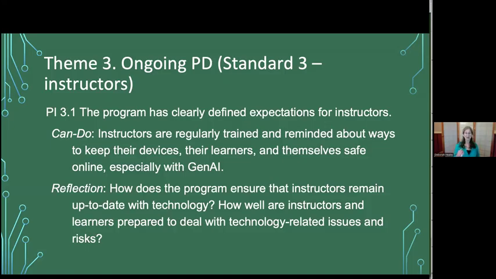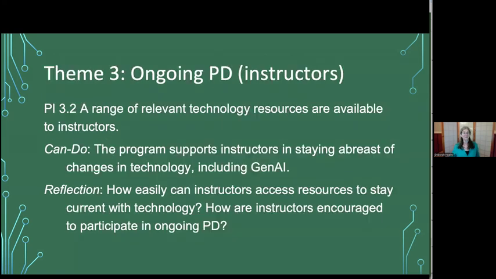But there has to be something that helps everybody be aware, especially instructors, of staying safe. And the reflection, this is PD for instructors. How does the program, not the instructor, ensure that instructors remain up to date? How are instructors and learners prepared to deal with issues and risks?